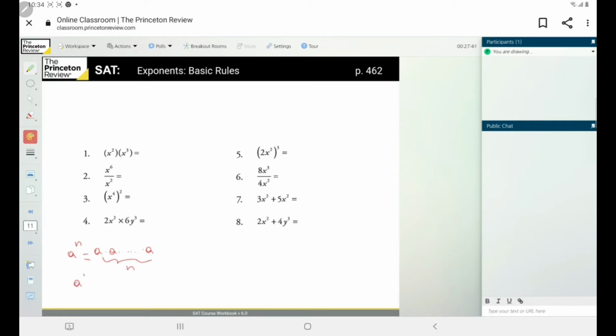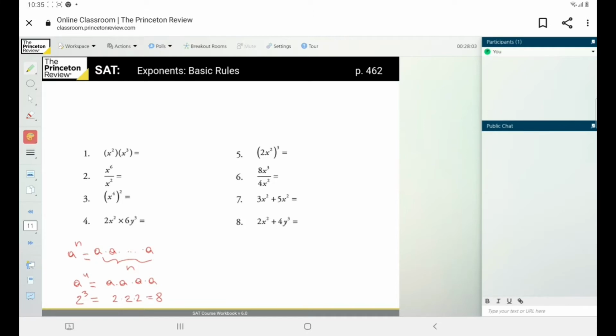A to the 4 is telling you to multiply a by itself 4 times. For example, 2 cubed is telling you to multiply 2 by itself 3 times. As a result, we obtain 8.